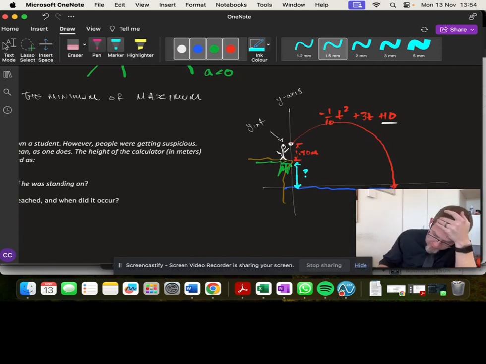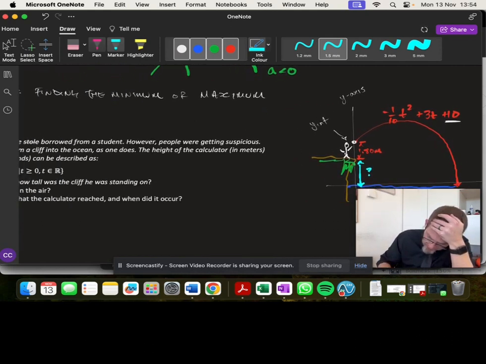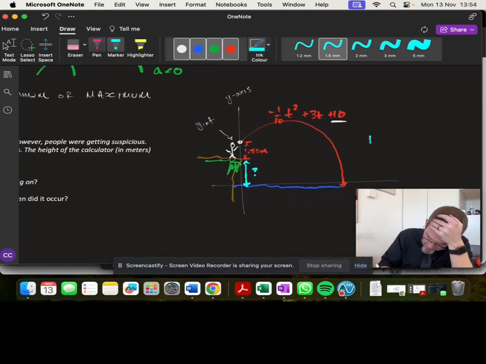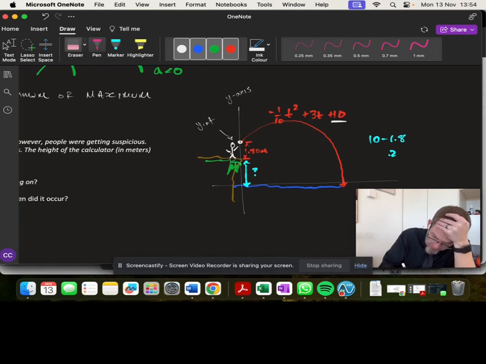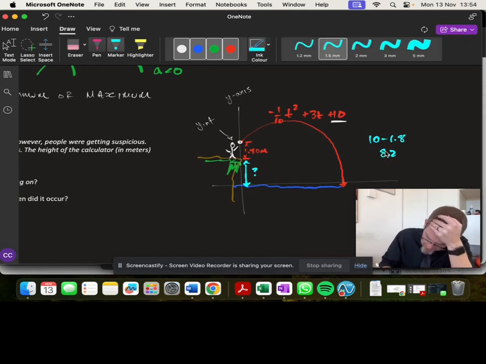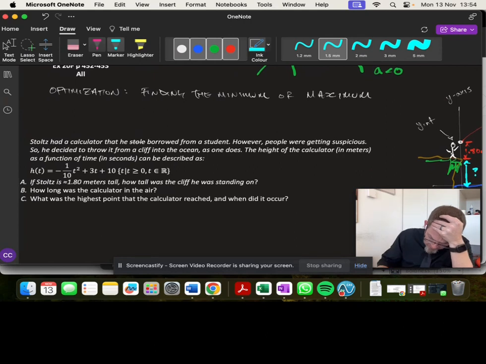So to find the height of the cliff, it's going to be 10 minus 1.8. So it should be 8.2. Wow. Yikes. 8.2, because that's the path of it. So that's our first thing.